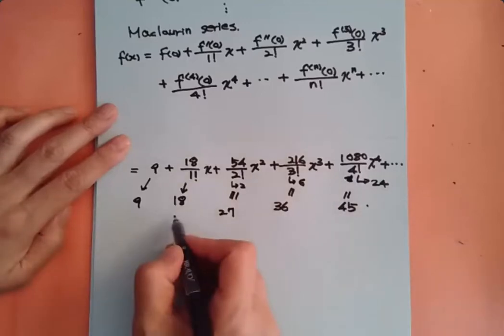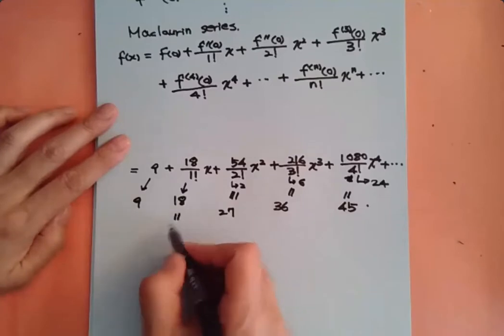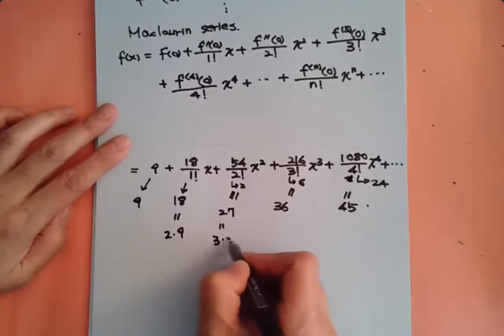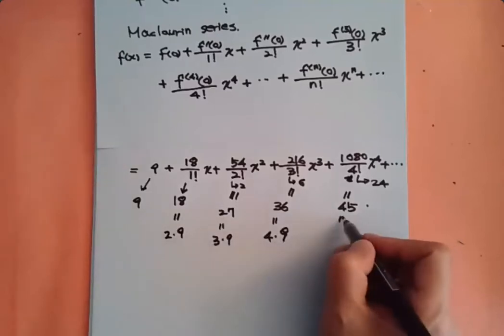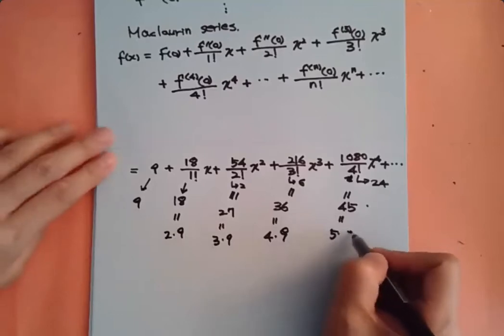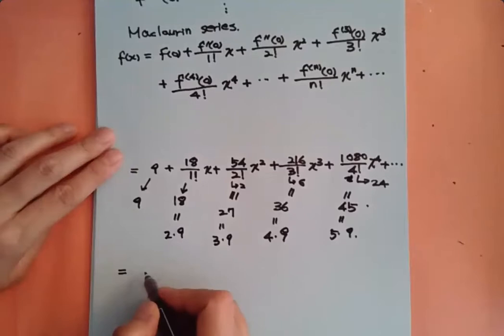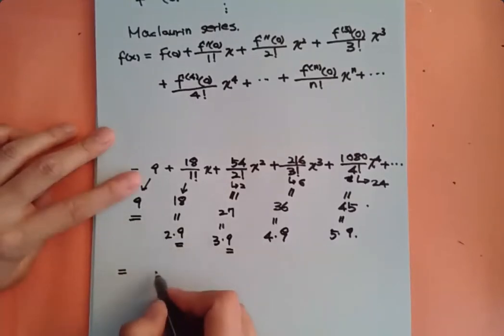So there is a pattern in the coefficients: 2 times 9, 3 times 9, 4 times 9, and 5 times 9. So 9 is a common factor, and we can pull that out.